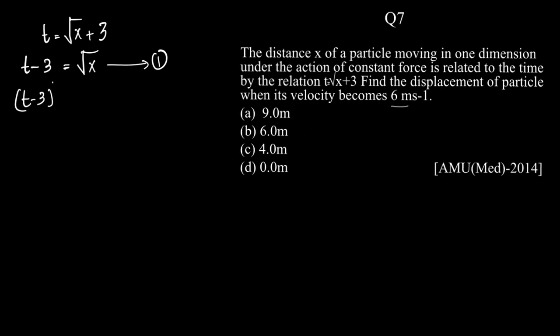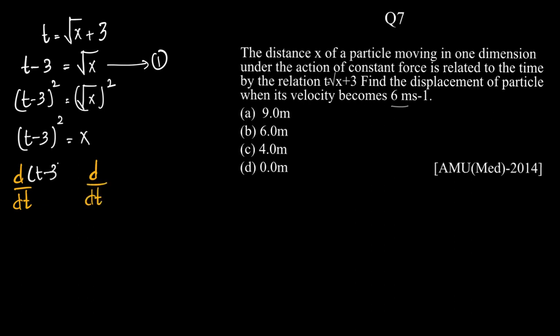T minus 3 the whole square is equal to root x square, which further gives me t minus 3 the whole square is equal to x. Now, what we can do is differentiate this on both sides. So we get d by dt of t minus 3 the whole square is equal to d by dt of x.